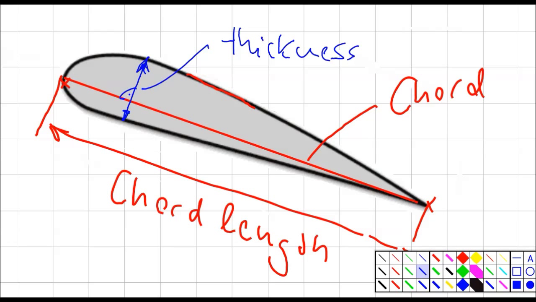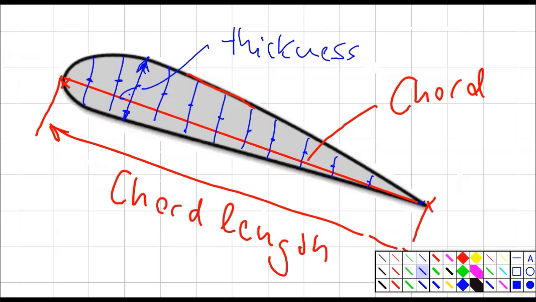Now I can draw this line at equal distances, like this. And at every point I halve these lines. So I look for the same distance from the bottom to the center point and the top of the profile to the center point. So I need to be a bit careful, but it turns out to look like this.